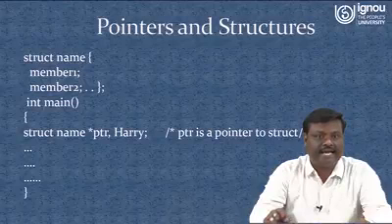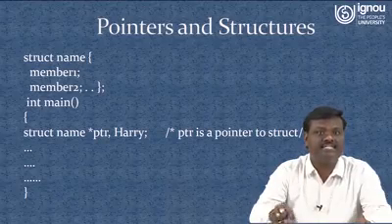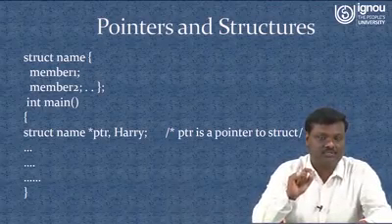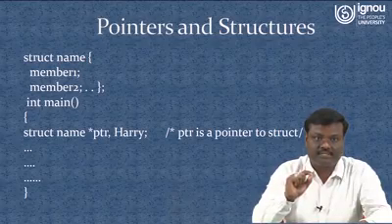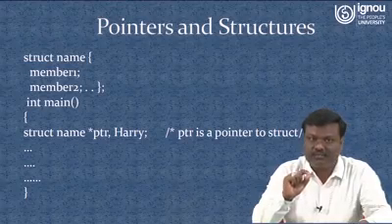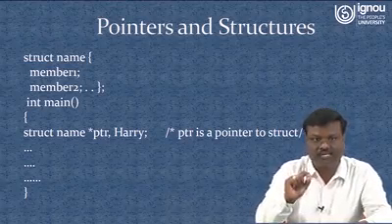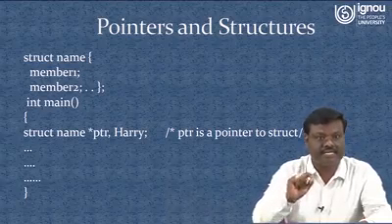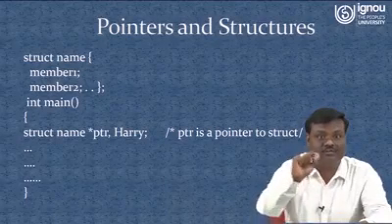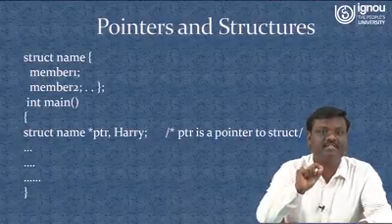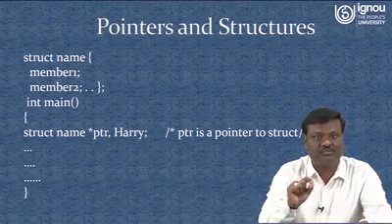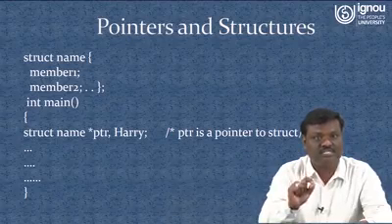Here Harry is a structure variable, and star ptr is a pointer which points to a structure. So here you can notice star ptr is not a pointer pointing to a simple variable or an array. Here star ptr is pointing to a user defined data type, that is a structure. Such kinds of declarations can be done and used in C programming.